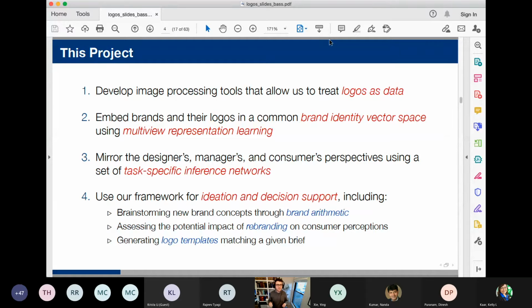And so having tools that allow us to think about questions like this from a data-driven perspective is, we hope, super useful in making informed decisions in this design space. So this is the roadmap of where we're going.